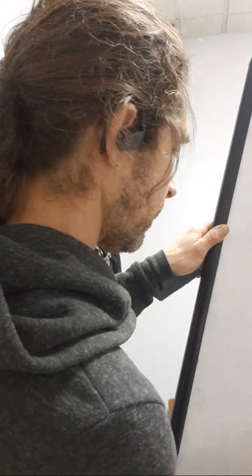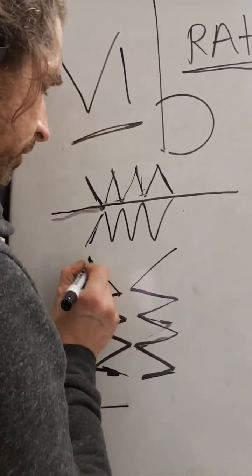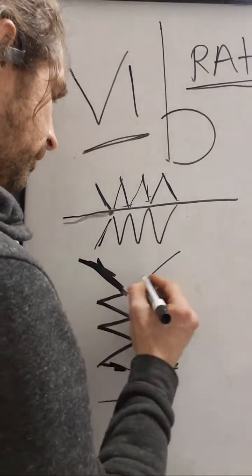Shit. It's like this. Like that. It's got the legs in, like a goat. And then we also see the horns.